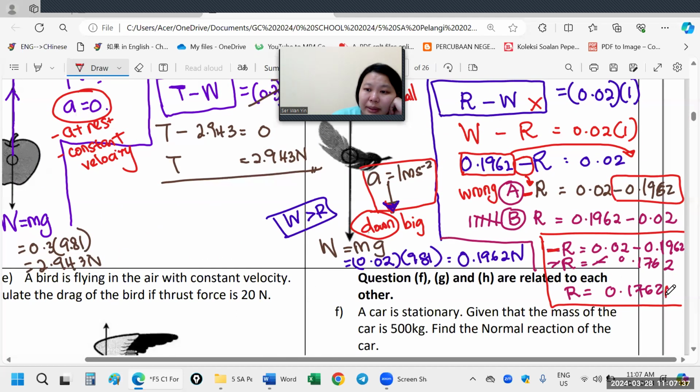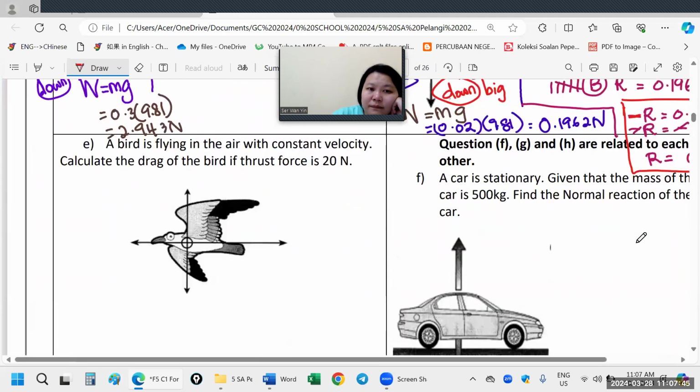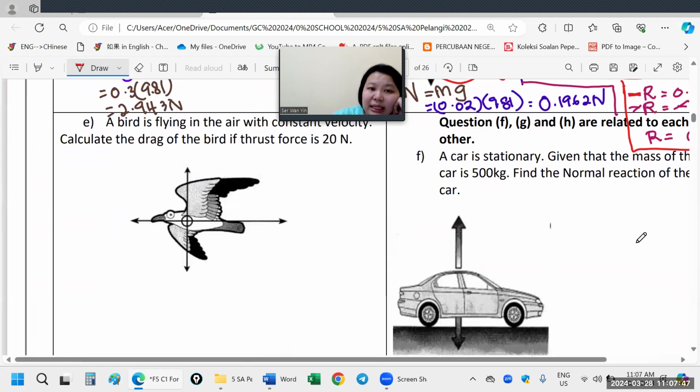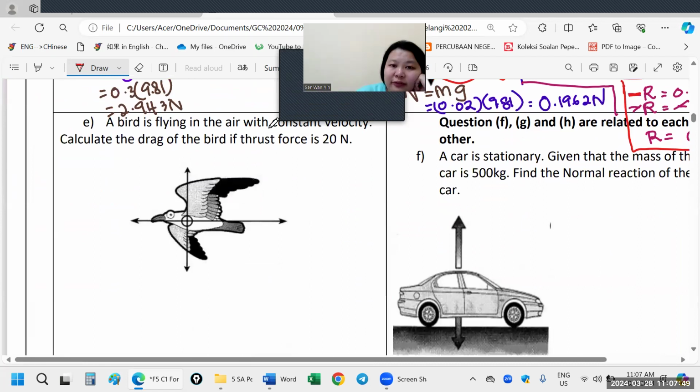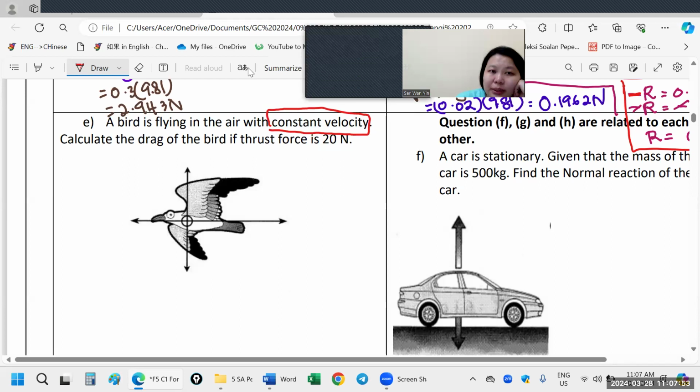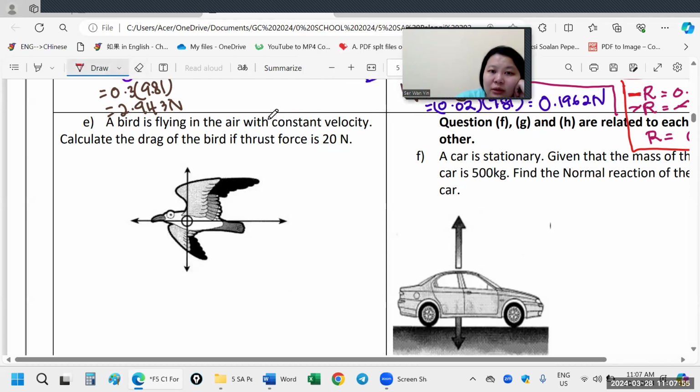So remember Newton. Okay, a bird is flying in the air with constant velocity. Can anyone explain what constant velocity is? It means acceleration equals 0.